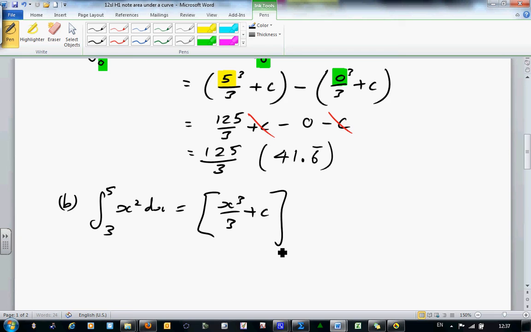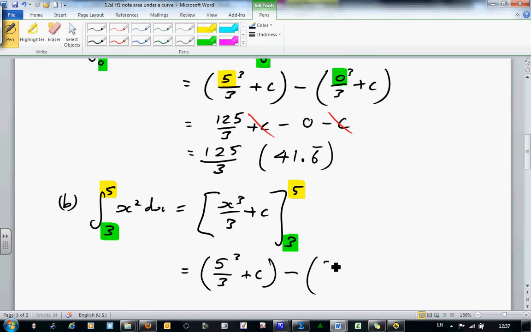Okay, so the upper limit is 5 again. The lower limit this time is 3. How does that change things? Well, not a great deal. This is 5 cubed over 3 plus c. Then I subtract that other piece, which is 3 cubed over 3 plus c.